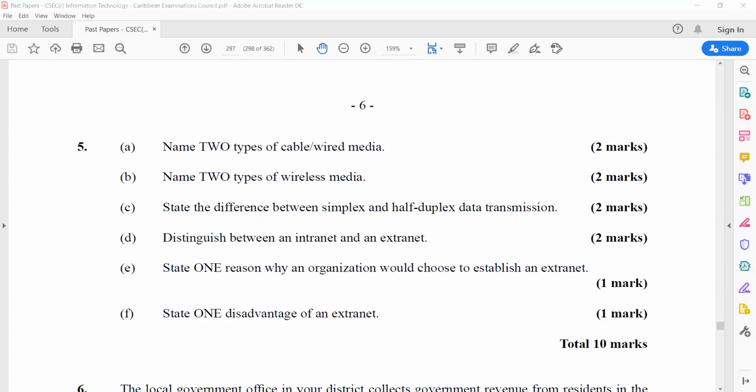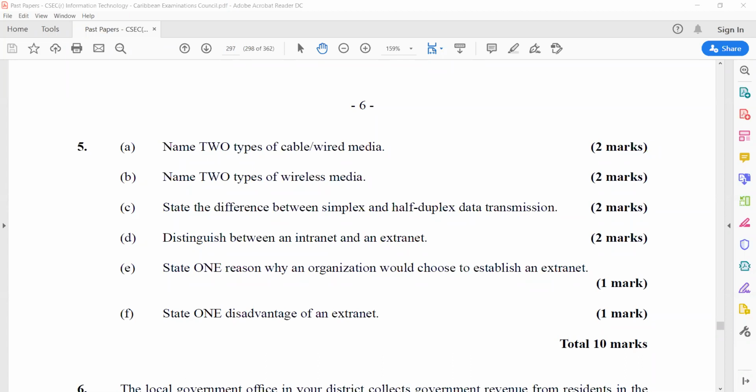The intranet is a private network. Right, so generally, yes, the intranet is a private network, so no one outside a business or organization is usually able to access an intranet.